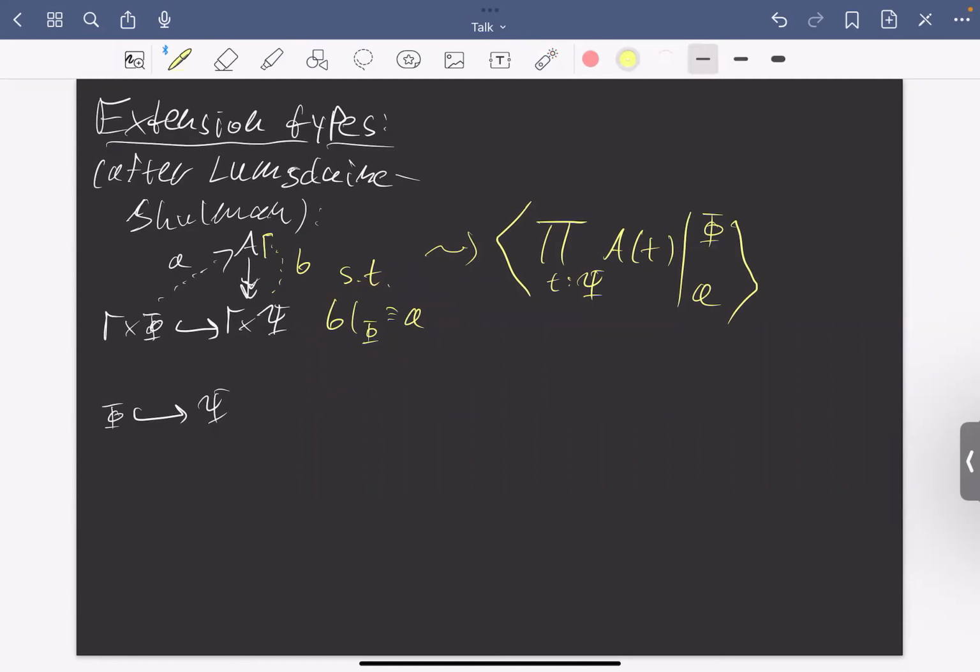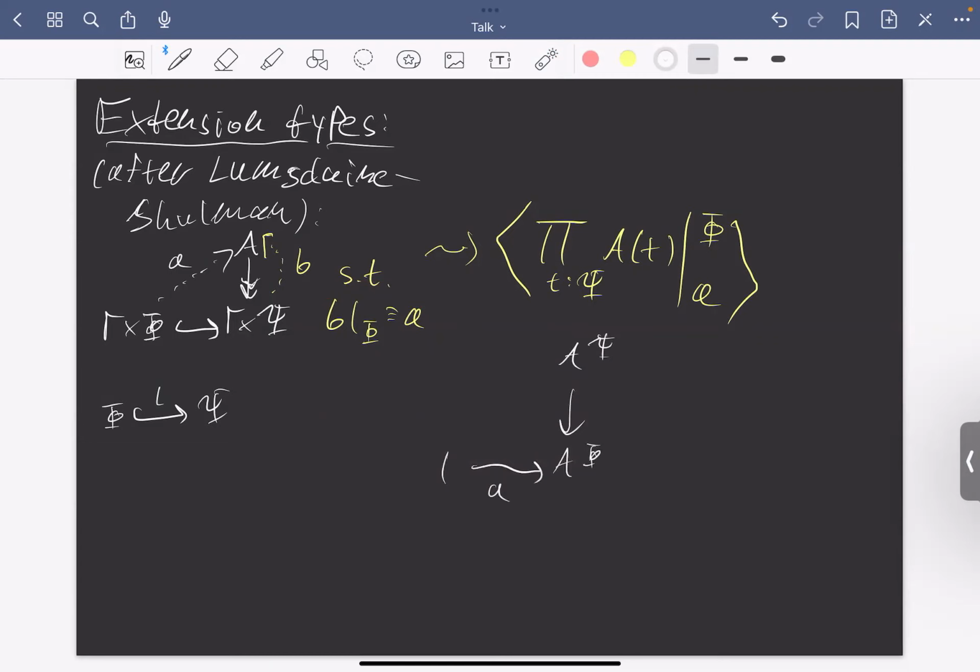Externally, you could think of this as just being a pullback like this. If we have this shape inclusion here, we can look at the exponential, which is like the restriction map.